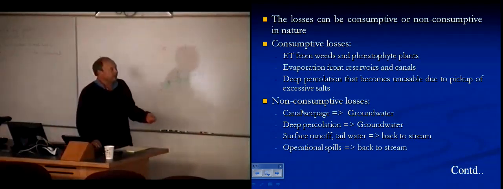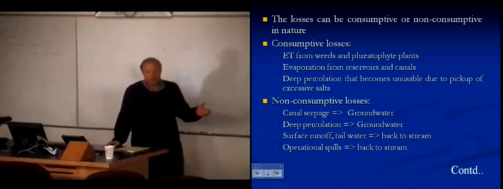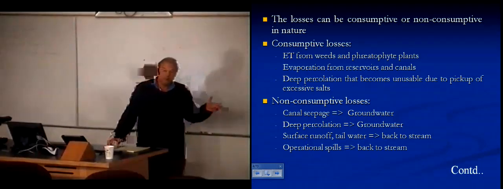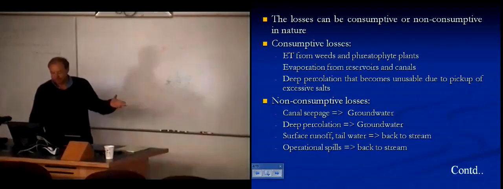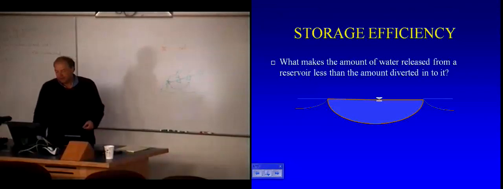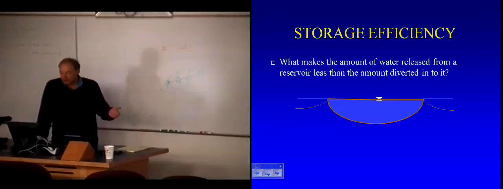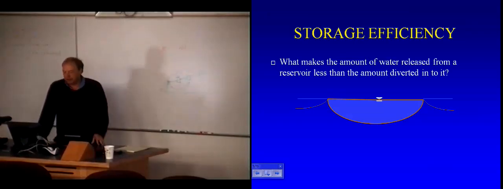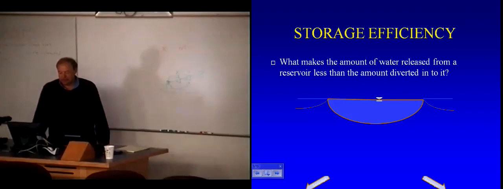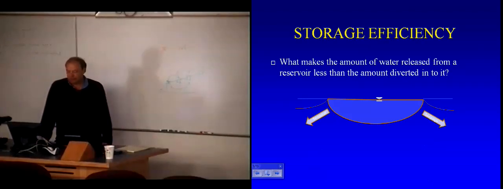And when you hear the term conveyance efficiency, that's the ability of the canal system to deliver water without, quote-unquote, losses. For example, it's the water diverted into this lateral, divided by the water that was diverted into the canal.